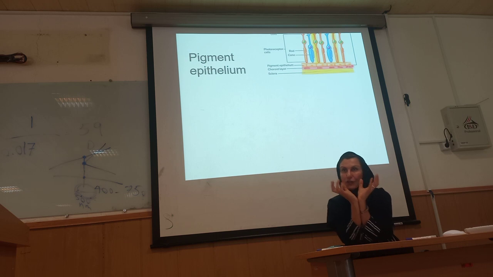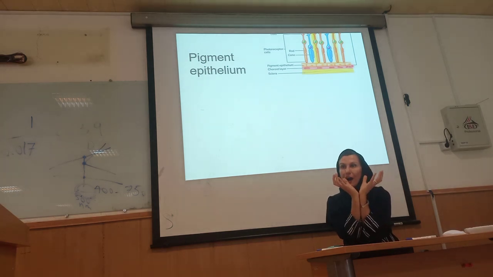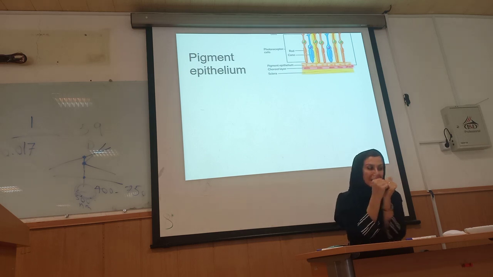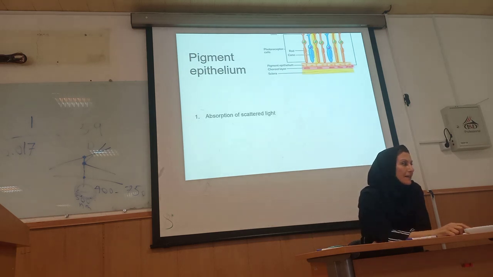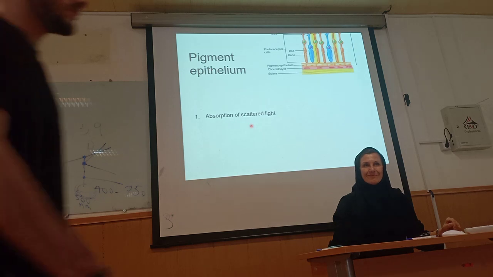We have a dark room in the back of our eye because of this melanin. For what? For absorption of scattered light.